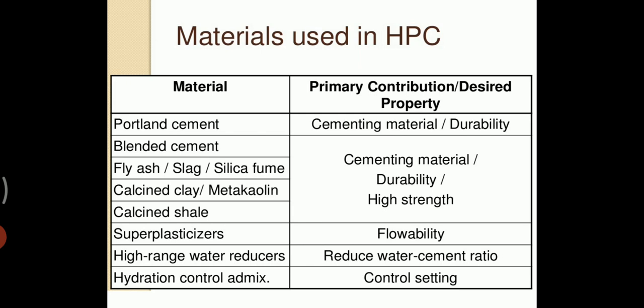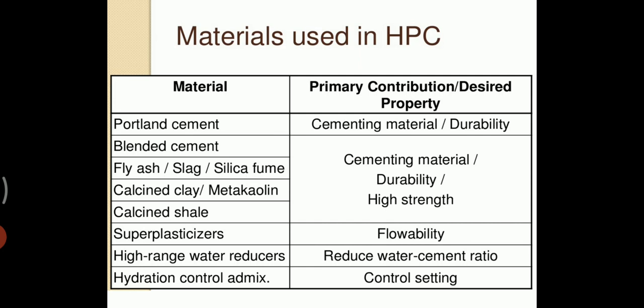Then superplasticizers, of course, obviously to improve the workability or flowability of concrete. Then high range water reducers, so reduced water cement ratio. In order to attain the high strength, the reduction of water cement ratio is unavoidable. For that, we should also use some high range water reducers.